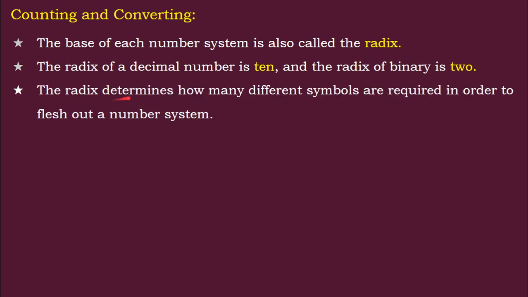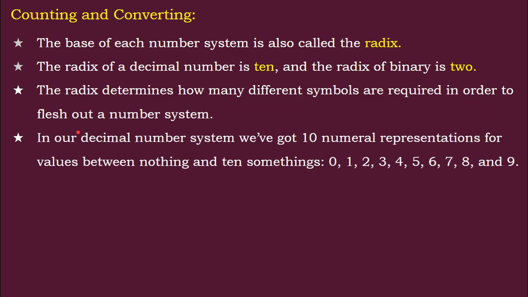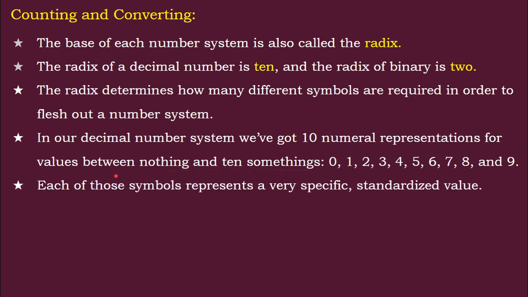The radix determines how many different symbols are required in order to flesh out a number system. In our number system, we have 10 numeral representations: 0, 1, 2, 3, 4, 5, 6, 7, 8 and 9. Totally we have 10 numeral representations. Same way, in binary there are 2 representations, 0 and 1.